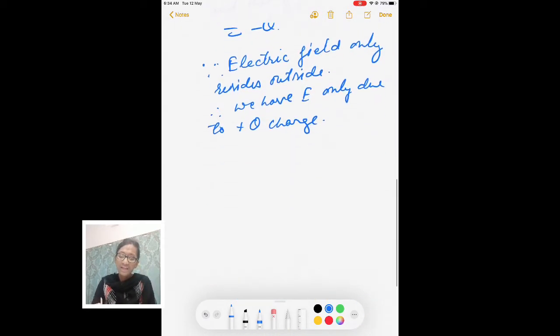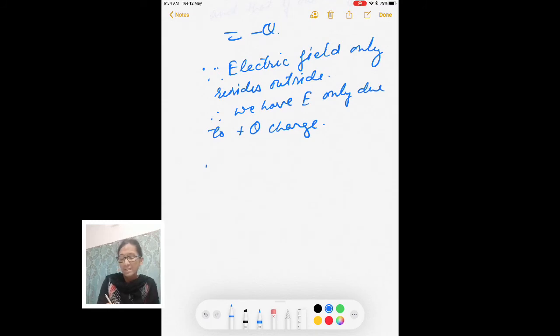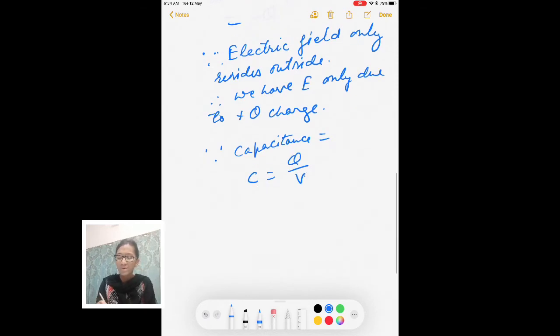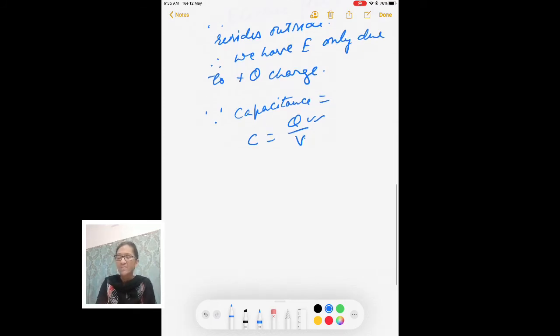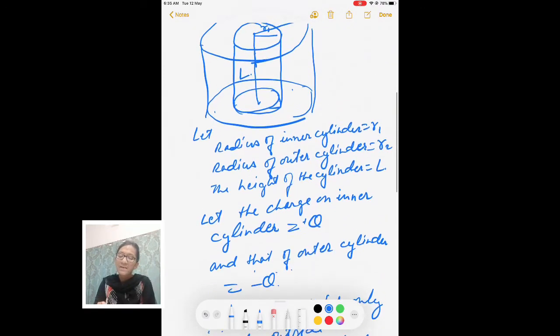So next step, stepwise we will be doing, since capacitance C is equal to Q coulomb upon V volt. So we have assumed the charge on the capacitor is equal to Q. So Q we know, and my next step is to find value of V. So I will be finding the value of V by knowing what the electric field is in the given region.